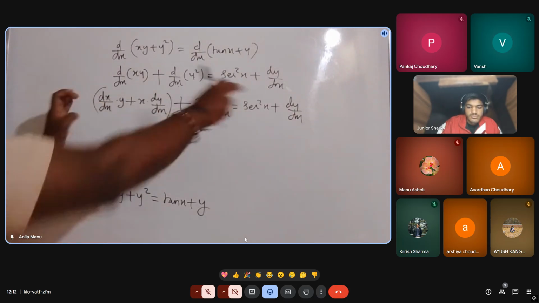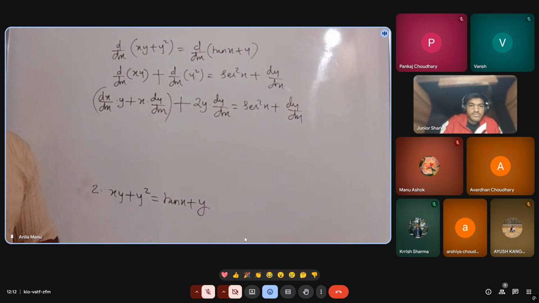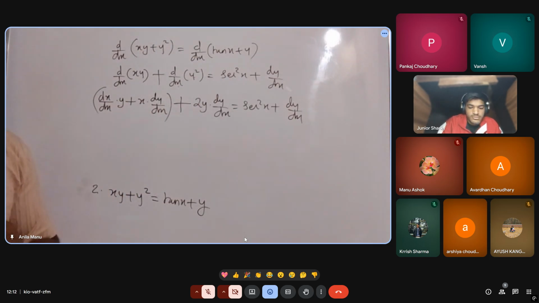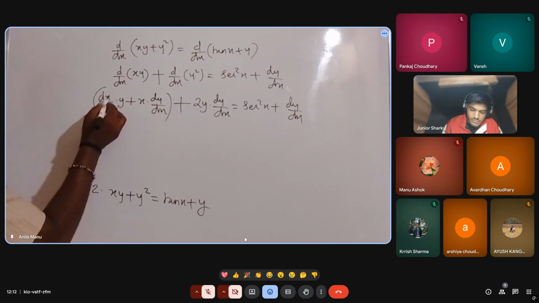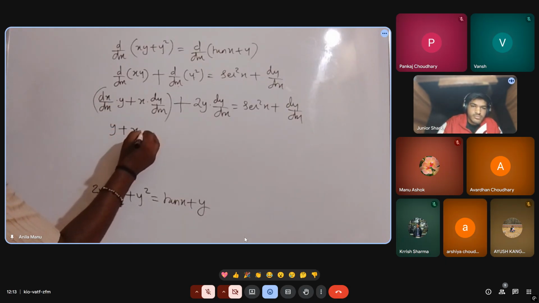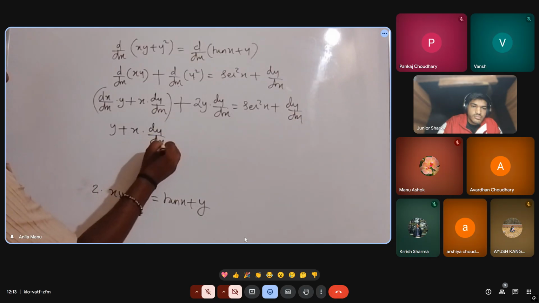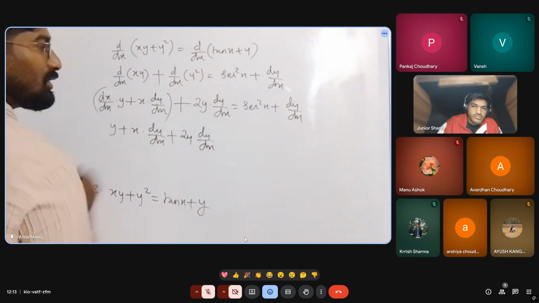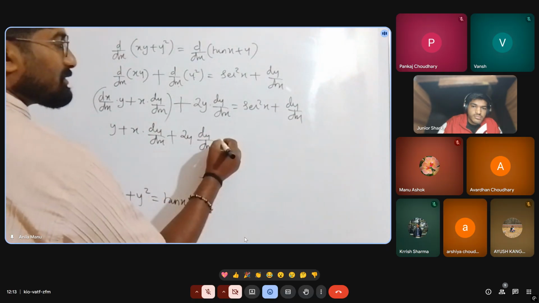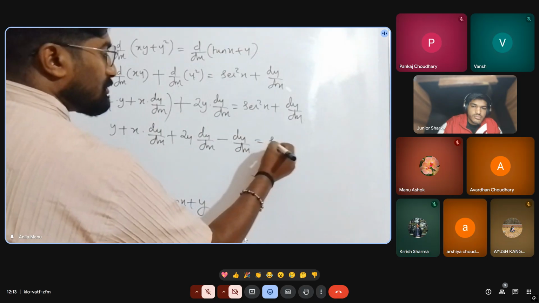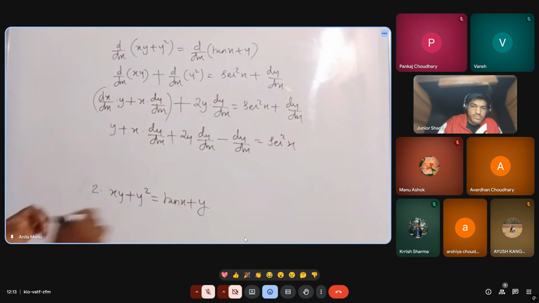So from all these terms where we have dy by dx, group them and bring them to the same side. First dx by dx is 1. So 1 into y plus x dy by dx plus 2y dy by dx. This dy by dx I am bringing to the left hand side, so minus dy by dx, is equal to sec square x.